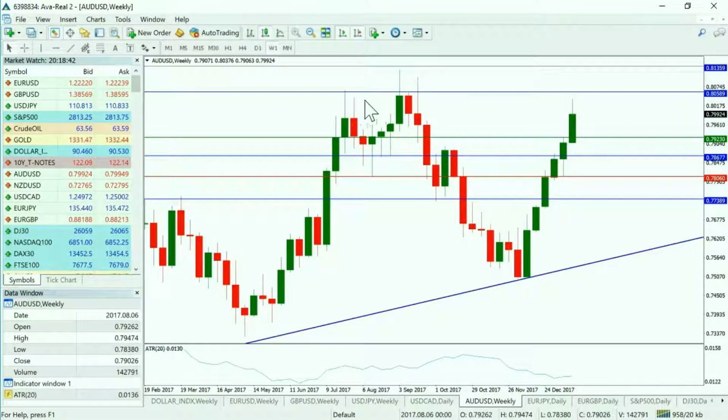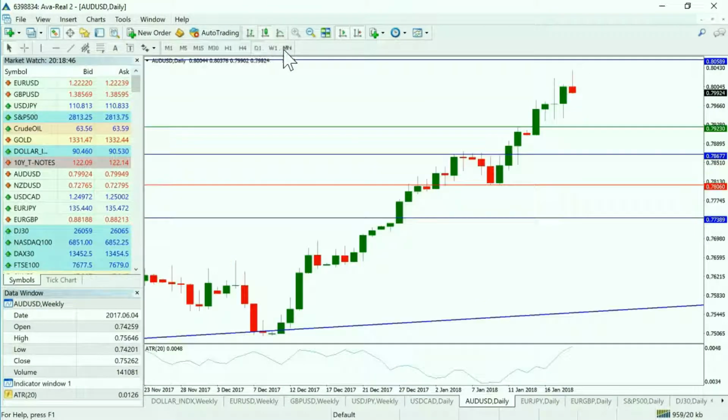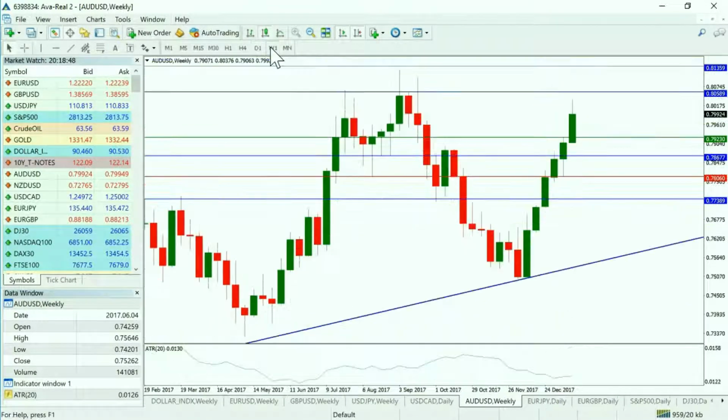You get a slightly different picture on the weekly and the daily time frame. So we're talking about this area up here potentially being a significant level of resistance in this market. So what we'll do is work with the weekly highs and the weekly lows again. So it's the 80.37 level, which we'll have a look at.